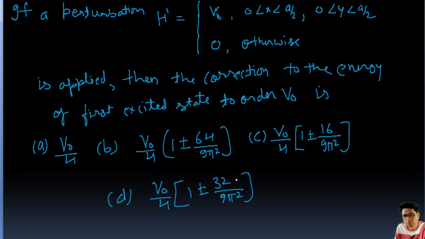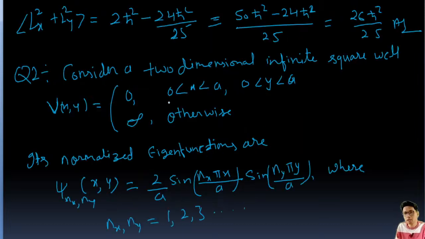This is the question which is given. Consider a two-dimensional infinite square well, and the potential is given, that is V(x,y) is 0 if x and y are between 0 to a, otherwise it is infinity.